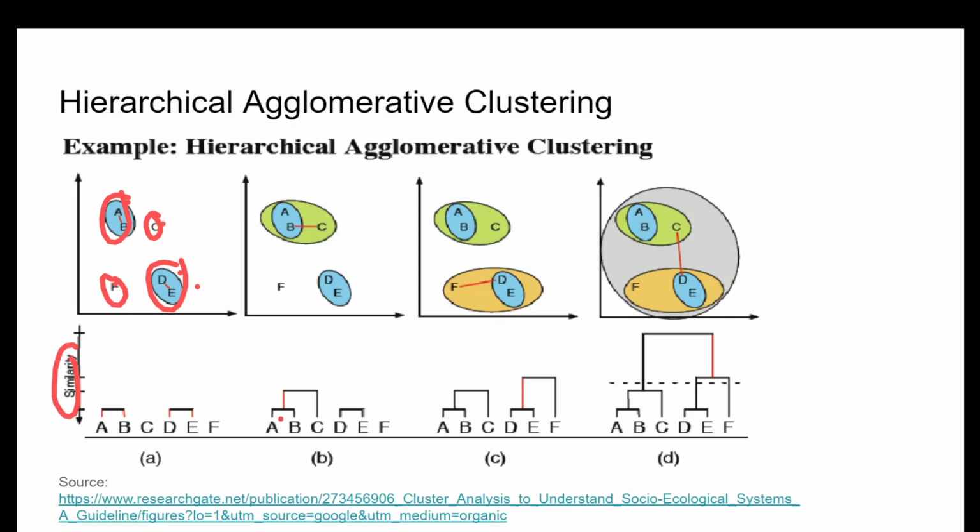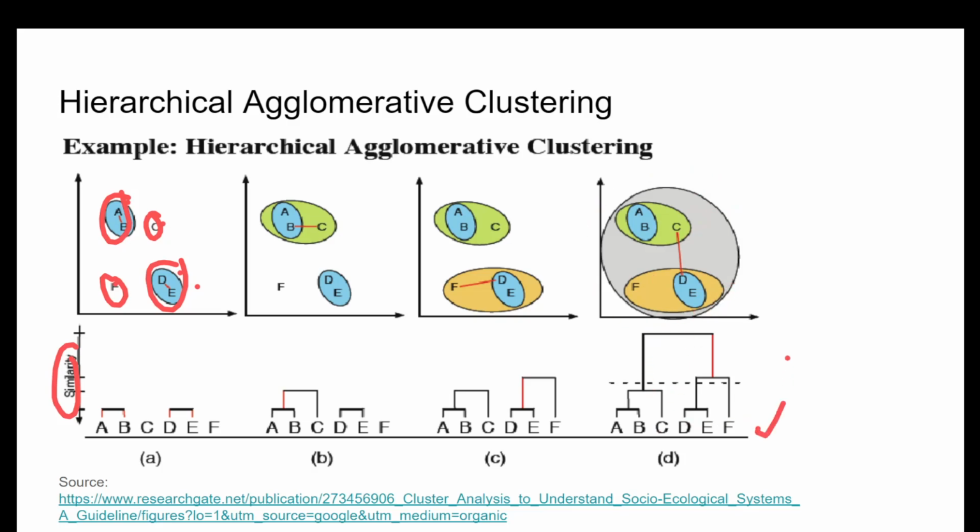So you can see that we can make this line over here, and then for the next one we can merge F to DE. We can create this line over here, and for the last one we can merge ABC and DEF into one large cluster.